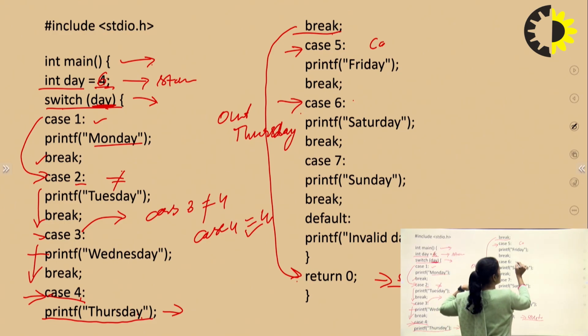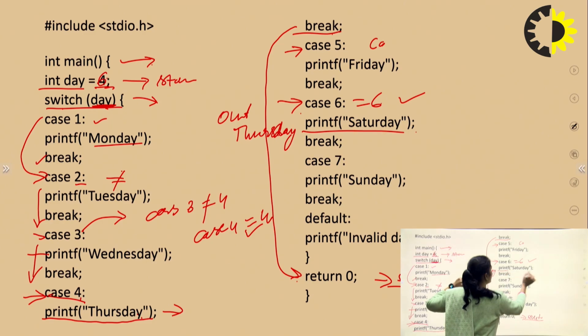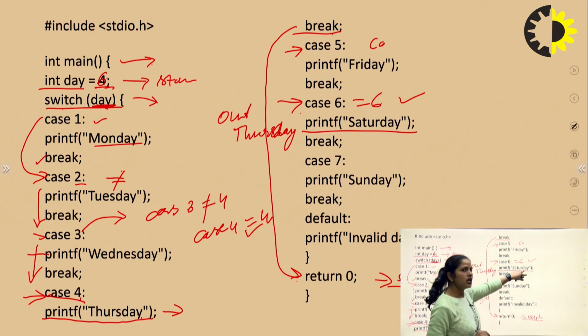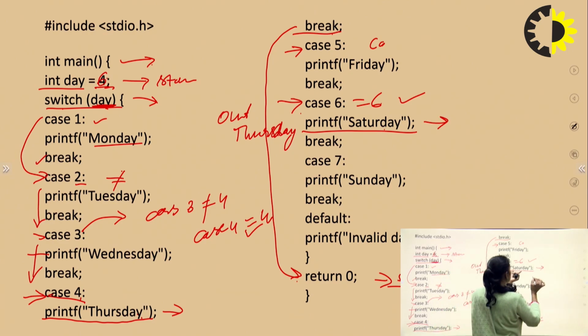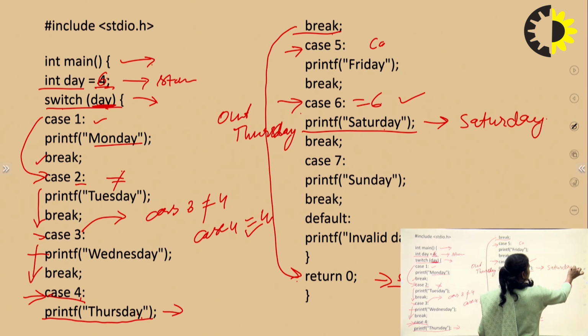Now case 6 is equal to 6. So we have success, right? The condition is true, so we will execute the given statement. What is the statement? It says print Saturday, right? So the output of this program is Saturday.